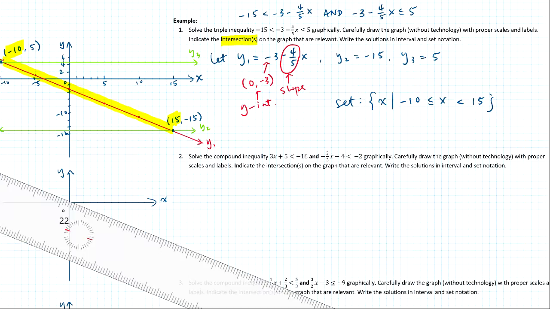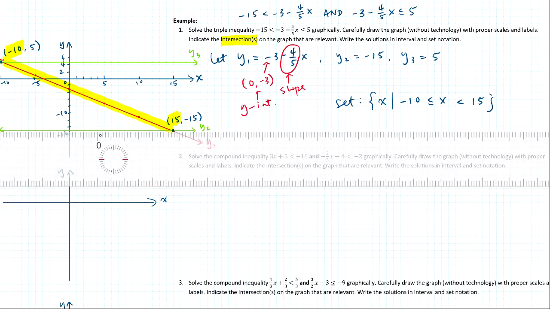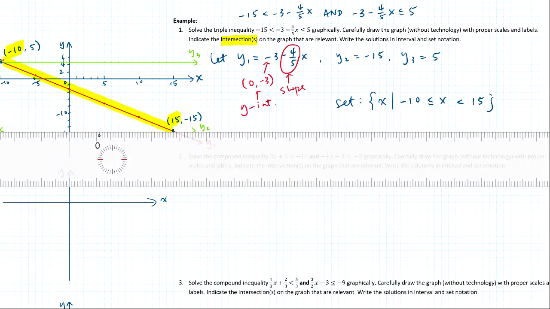And another thing you could do when you're drawing the restriction, as we're not including that endpoint as part of the solution, is instead of drawing a straight line like I did initially, you could draw a dotted line over here.